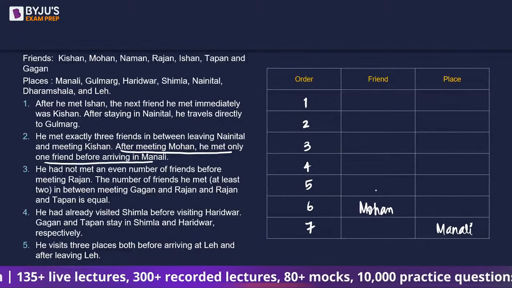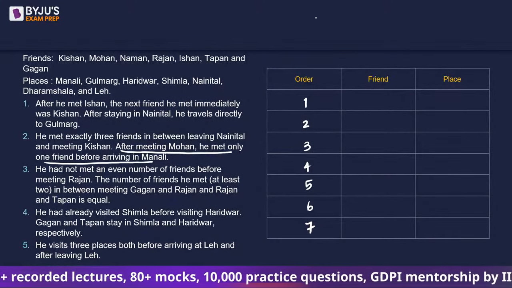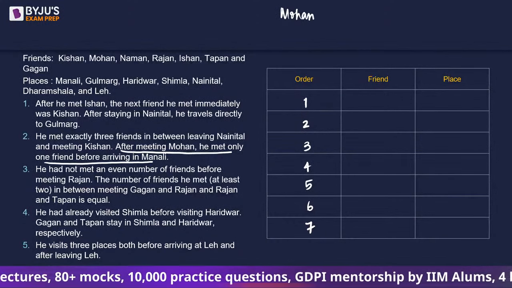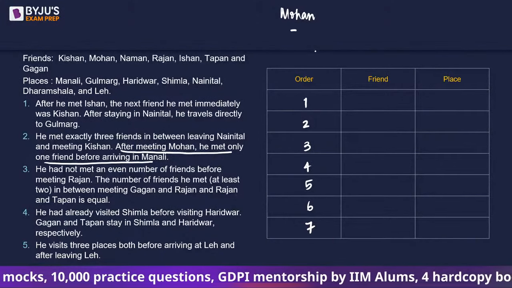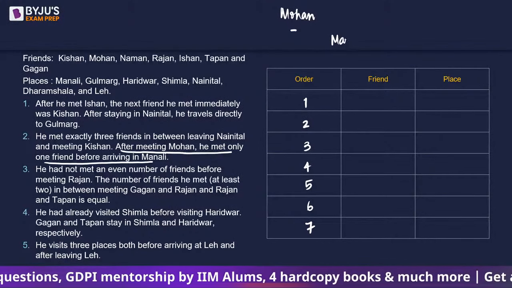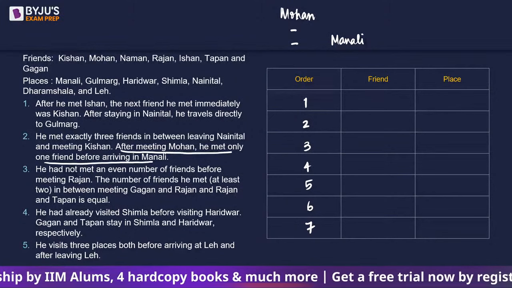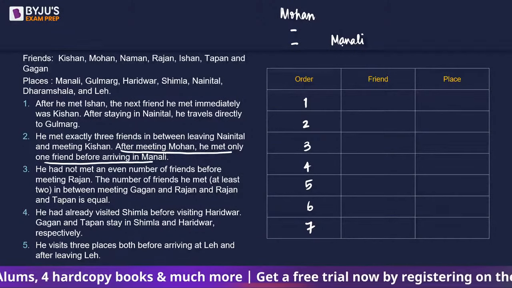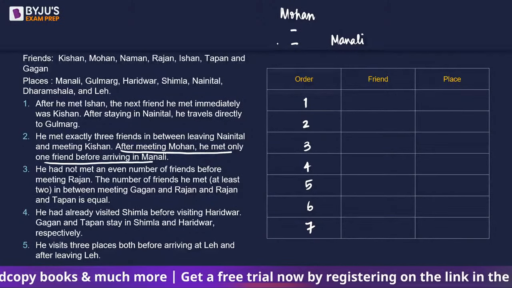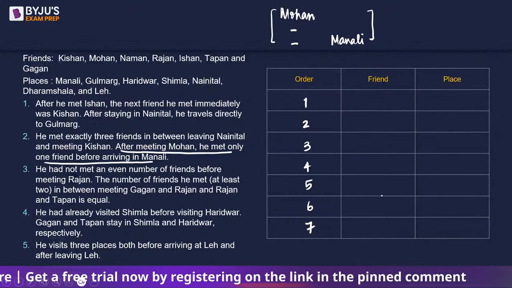Acha, no, it's not necessary that it's going to be the end, because it says after meeting Mohan. So whenever he met Mohan, he met only one friend before arriving in Manali, that would mean that the third visit was Manali. So after meeting Mohan and before visiting Manali, he met only one friend. So definitely Mohan is not at 6th, right?